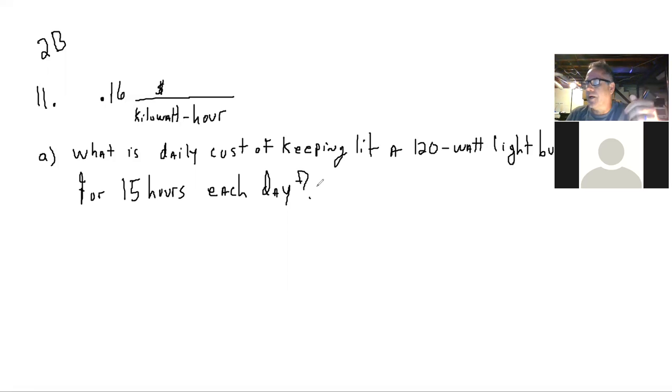Now, the first thing is the power on the light bulb itself, which is rated at 120 watts. This is kind of where the metric system kicks in. From watt to kilowatt is 1,000. So I'm going to write down the calculation.